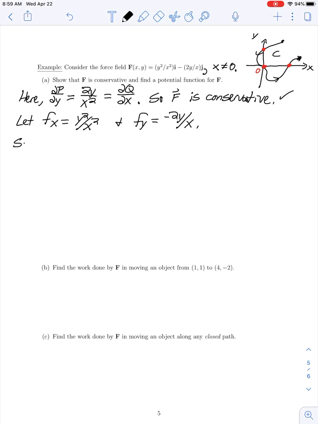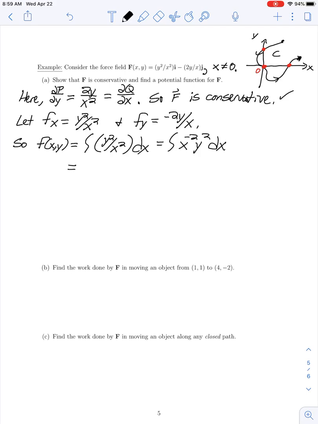So to find the potential function f of x and y, we could take the antiderivative of the partial derivative with respect to x, which was y squared over x squared, integrated with respect to x. So here we can think about this in the following way. y squared over x squared is the same as x to the negative 2 times y squared dx.